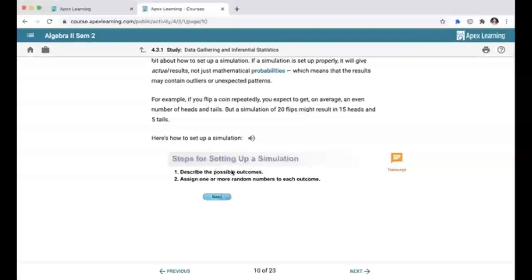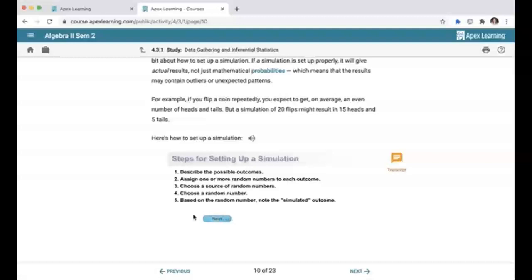So one is to describe the possible outcomes. Two is to assign one or more random numbers to each outcome. Three is to choose a source of random numbers. Four is to choose a random number.